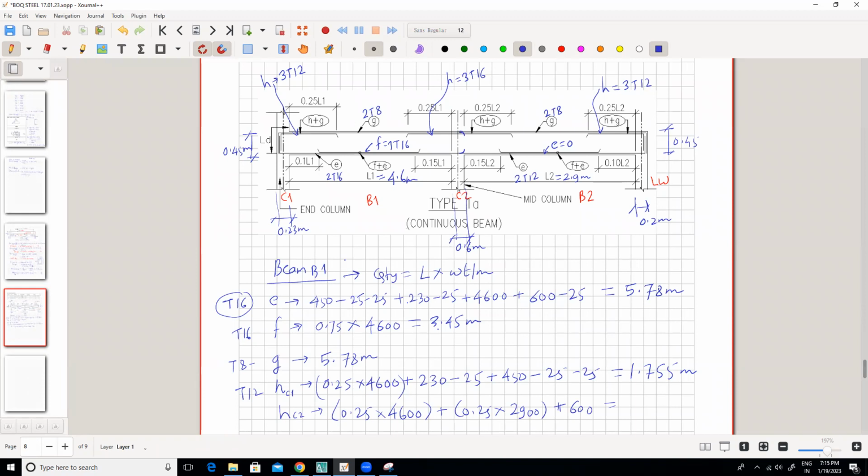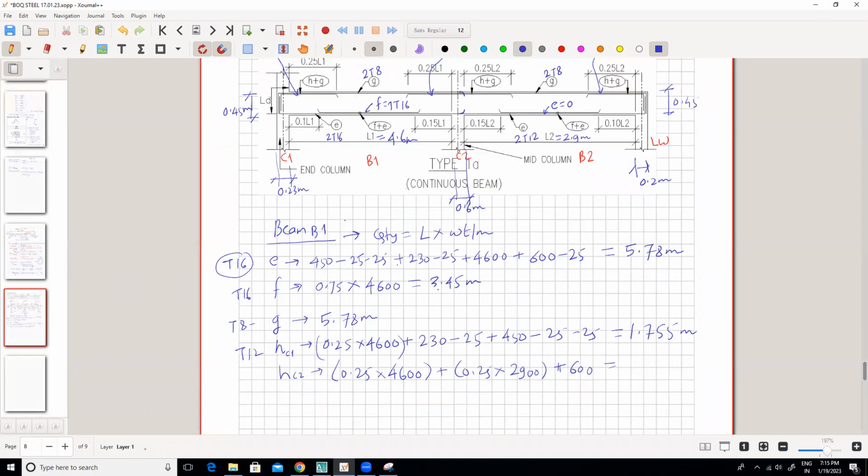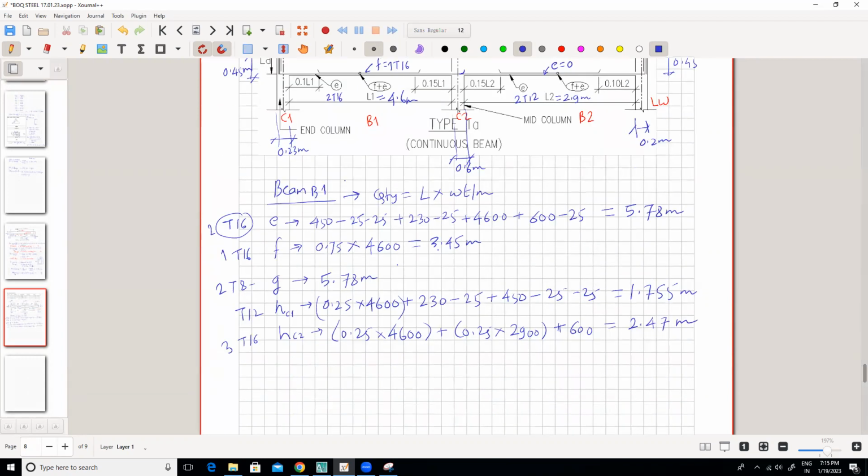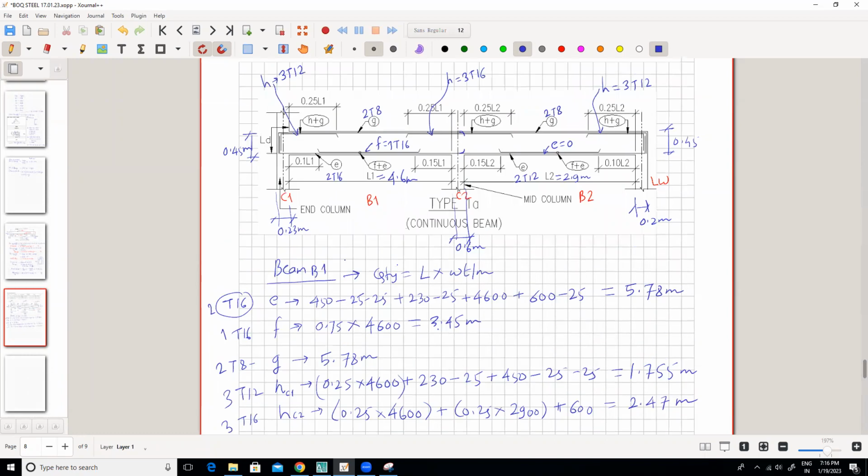So how much is H on C2? What is the bar? 16 bar. 2.475 meters. 2475. So yes, we have done this.